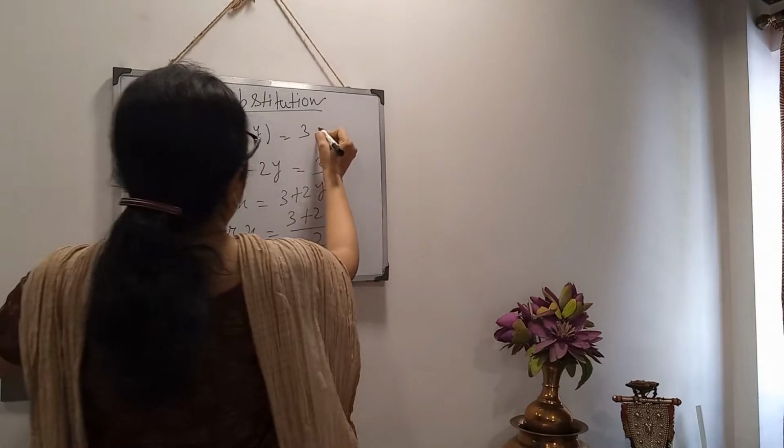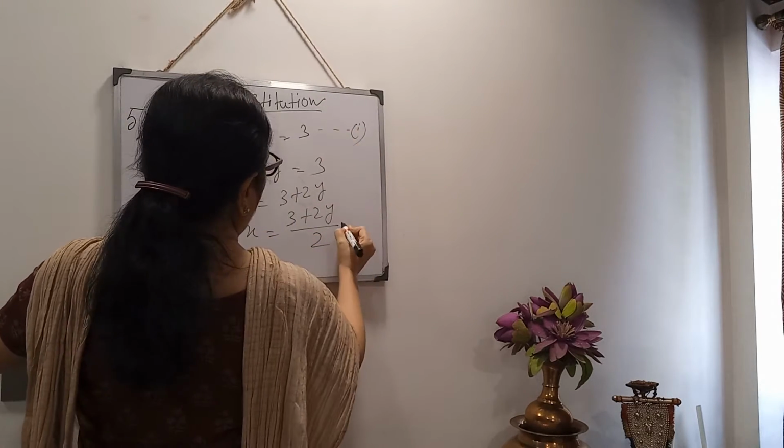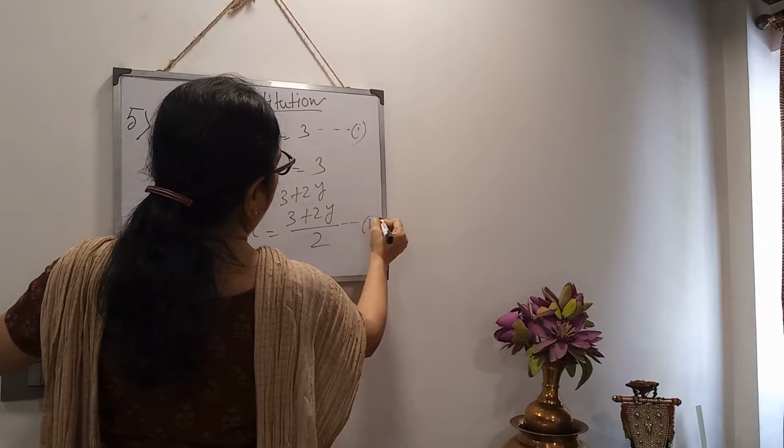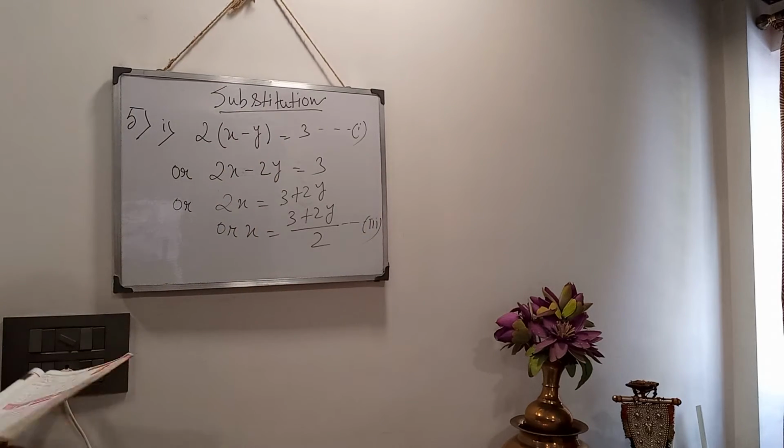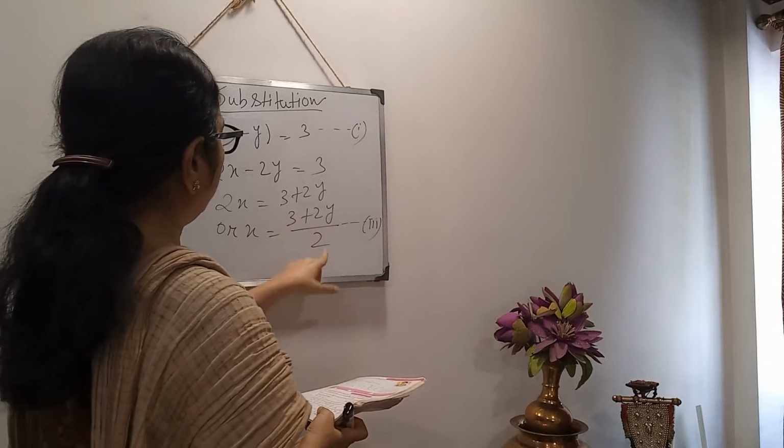Clear? This is my equation number 3: x equals (3 plus 2y) by 2.